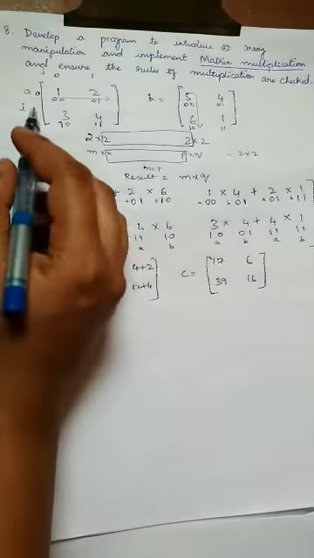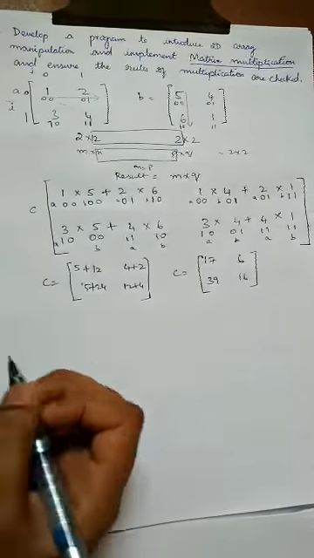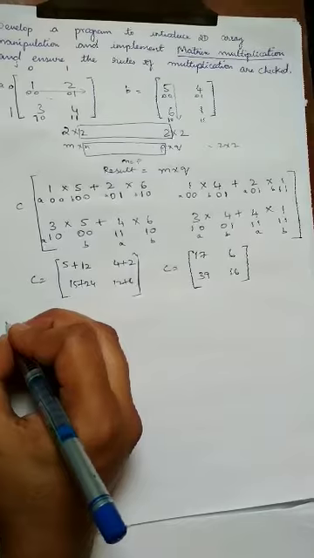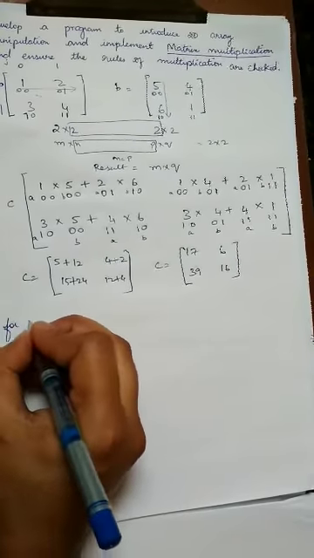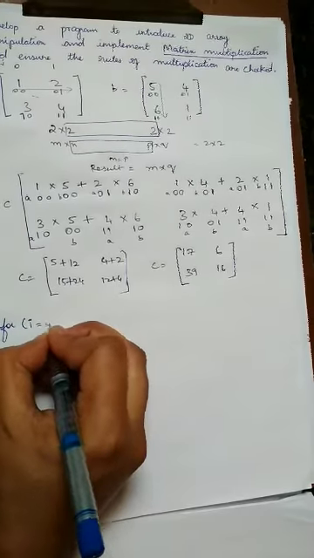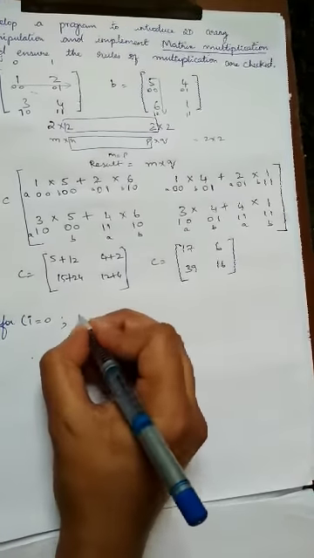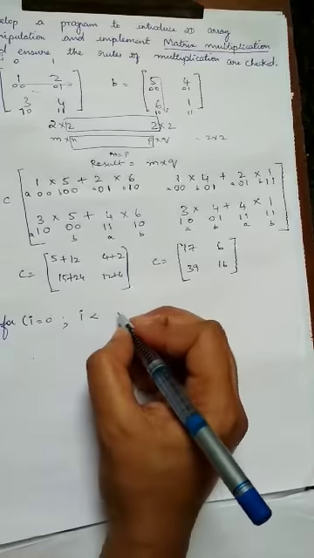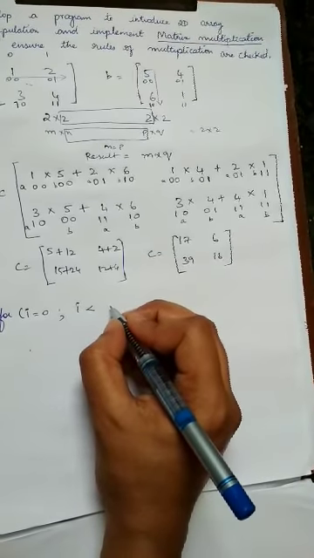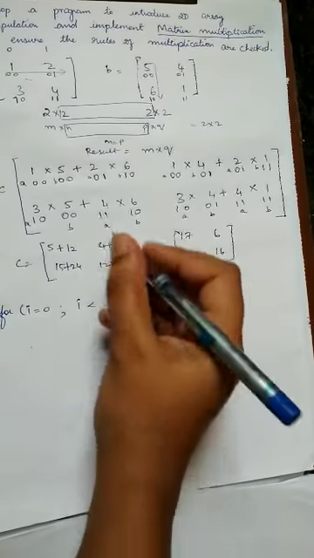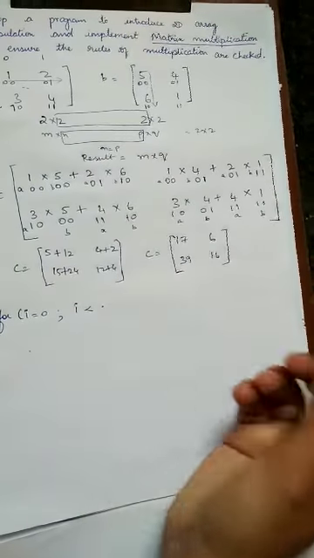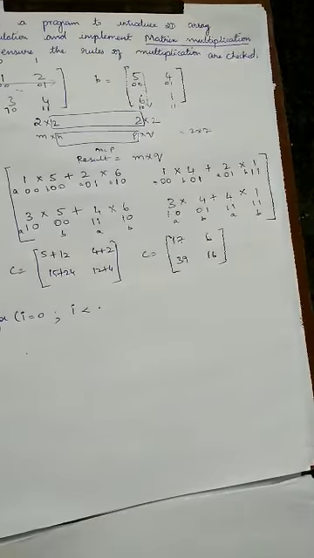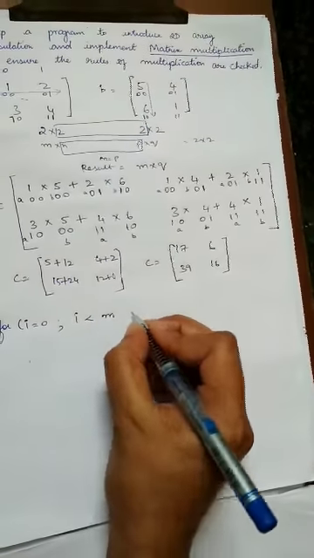In order to read the rows and columns, you require two for loops. Already you know, right? Rows and columns. For row, we can tell i is less than row, which I can take as n, or I can just take it as rows, as m.